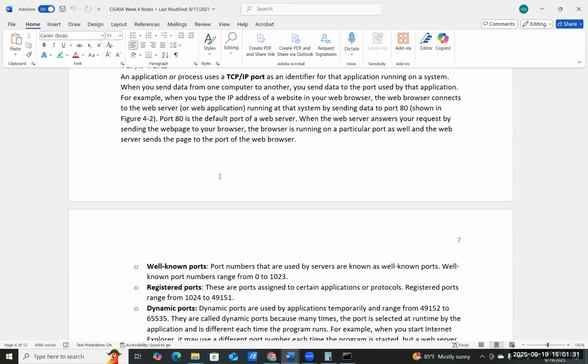Like 53 is for DNS, right? And then you have the registered ports. These pertain to application and protocol. So some of the common ports or the well-known ports are registered for specific services. And this is what you see, right? And we follow that, we use that.